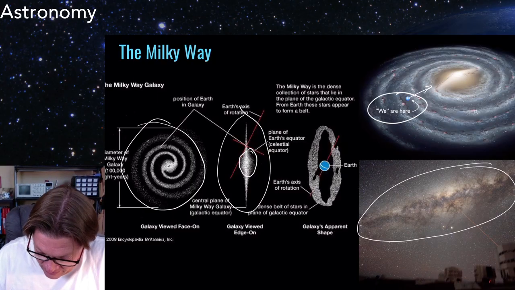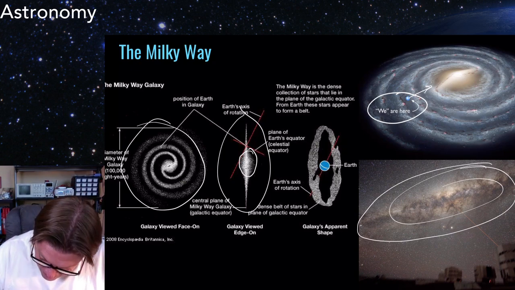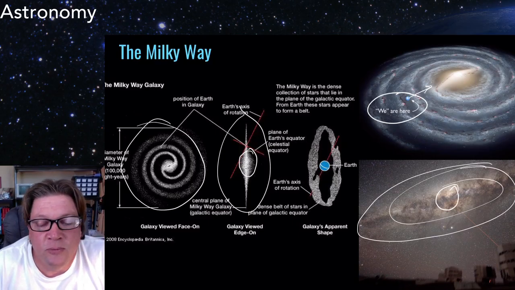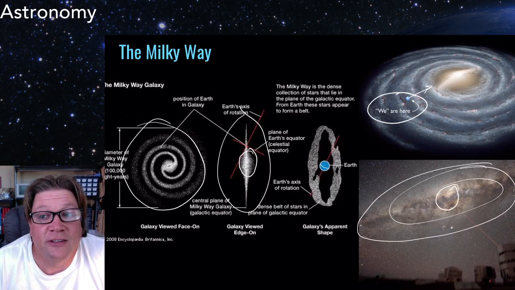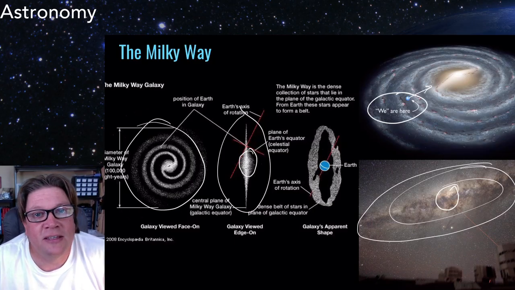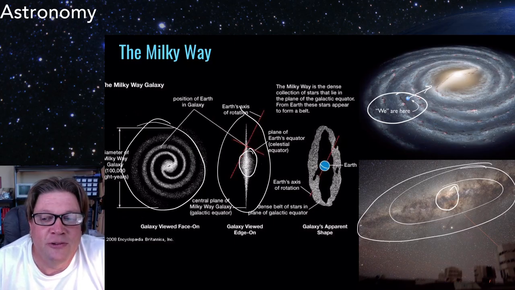And so what we see is this sort of big mess. If you try to look towards the galactic center, you just see a mess. It's kind of obscured by clouds of gas and dust. But it's just neat that we can see and perceive, especially once you know what a galaxy is, it's really cool to look up and be able to see the gigantic thing that we're in.